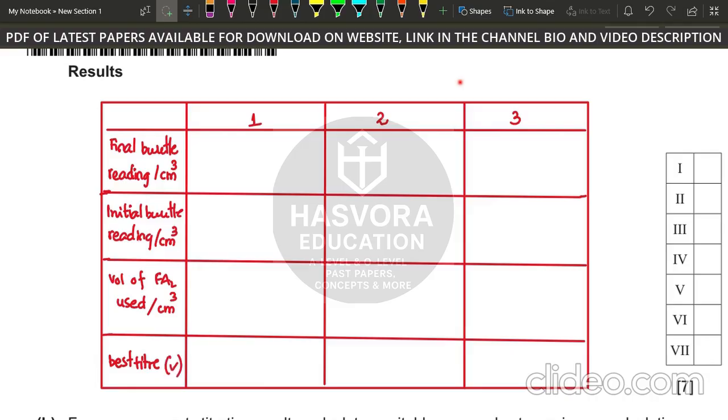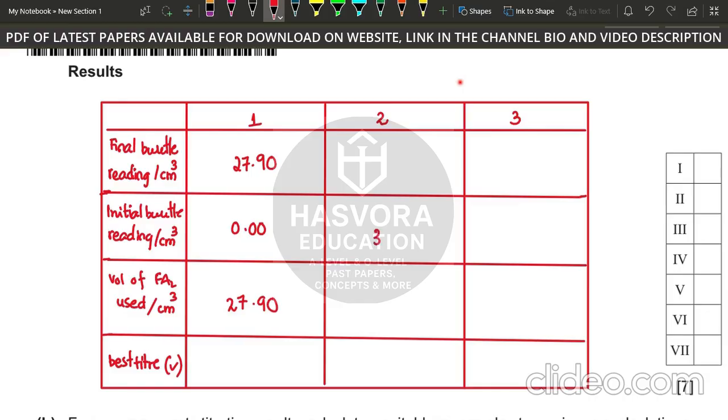Okay, so for example, if I have the final burette reading of, let's say, 27.90, the first one that we just did was the rough Titre, it was just rough. This will be 0.00, and I told you that you have to mention the precision, so this will be 27.90. Then let's take the other reading.